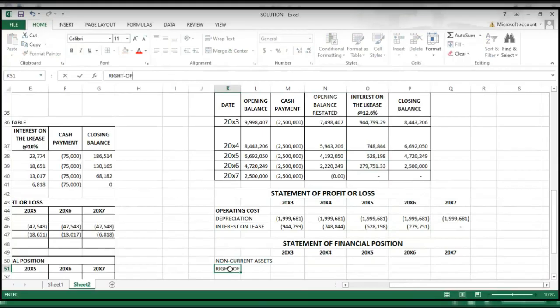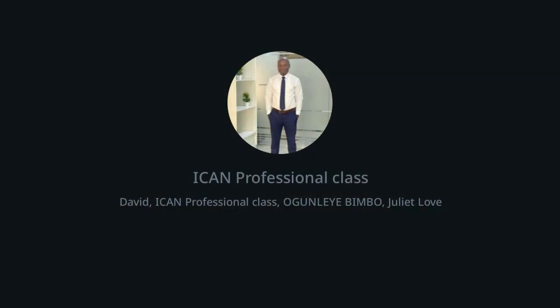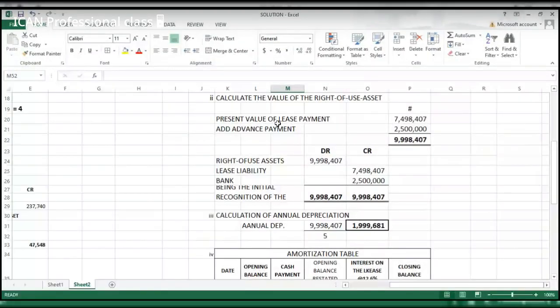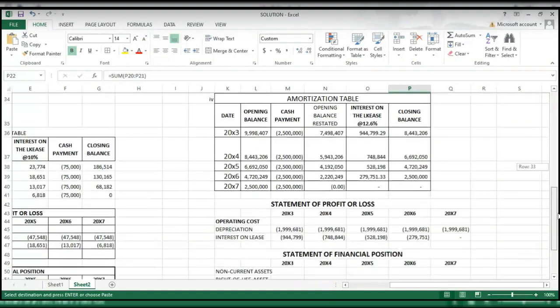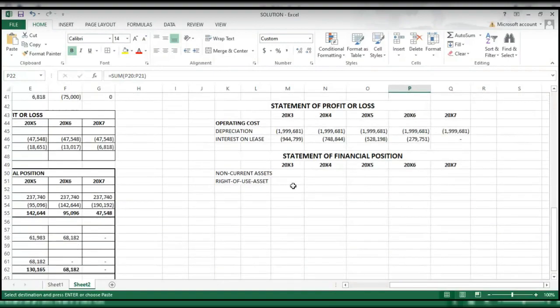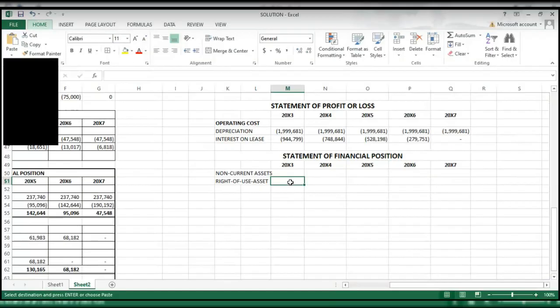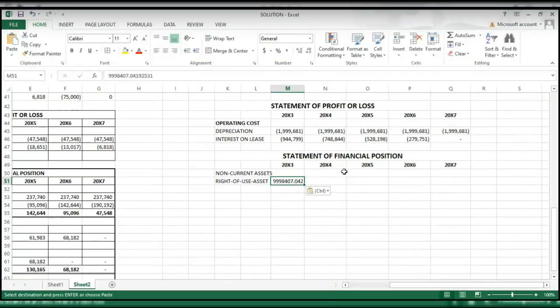Right of use asset. So at cost, the amount recognized as the value of the right of use asset, which we computed based on the information here, is this amount. So we're going to be having it here. This is the amount of the right of use asset at cost, and it's going to be constant over the life of the asset.